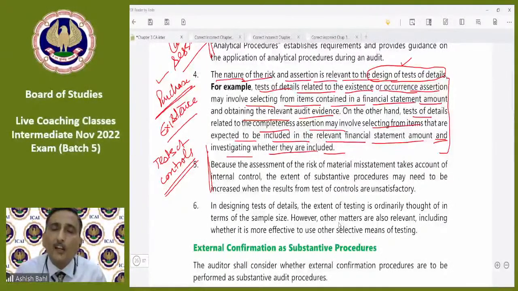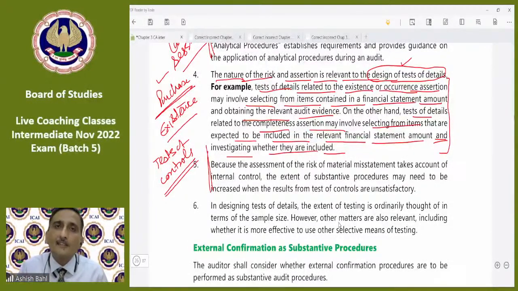So tests of controls are very important for him to decide the extent of his sample checking. If he gets a good level of assurance from the results of tests of controls, then he is definitely going to reduce his area of substantive checking. The extent of substantive procedures would be less.